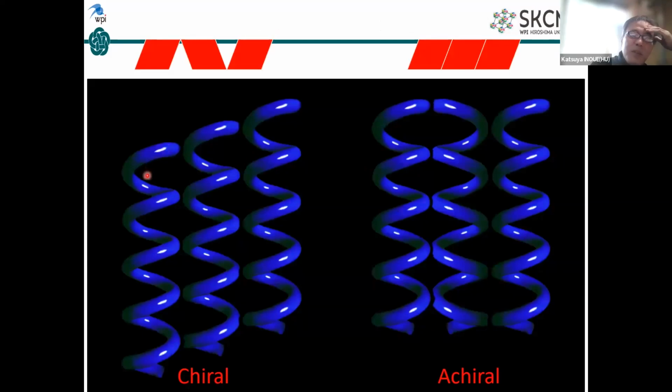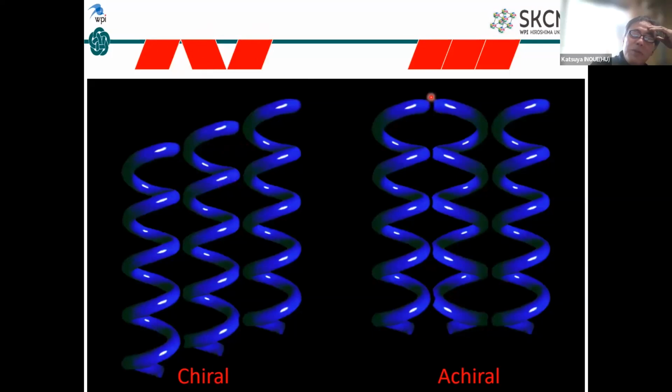If we make a structure using the same chiral helix, in this case we can share only the corner. We cannot share a line, only a corner, and that makes this kind of motif.